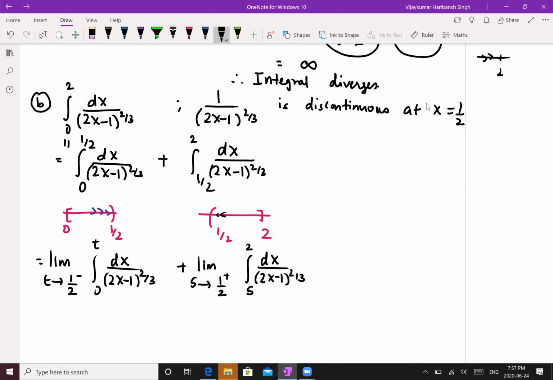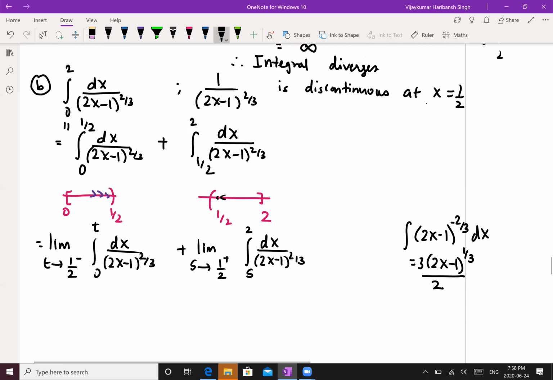Now, what is this integral? Let me compute this integral. So (2x minus 1) to the power minus 2 by 3. And what is the integral of this? This is going to be (2x minus 1) to the power minus 2 by 3 plus 1, which is 1 by 3, divided by 1 by 3, which is 3, divided by the coefficient of x, which is 2.